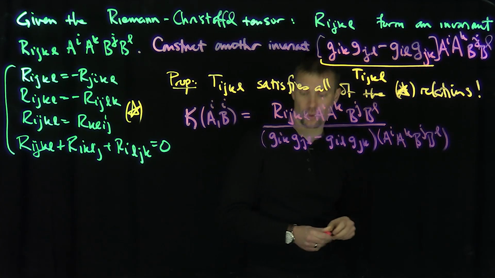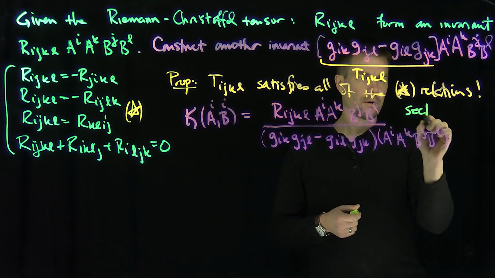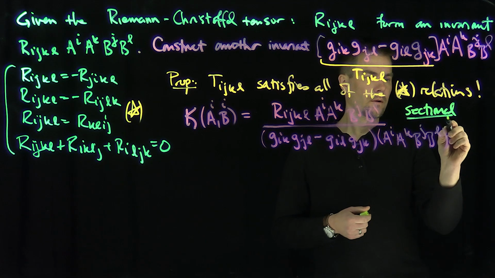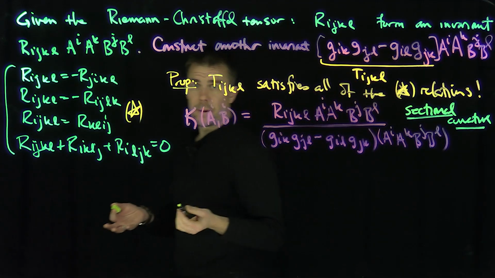Sometimes this is referred to as the sectional curvature. In more advanced texts, you're going to see this called the sectional curvature. And this sectional curvature is independent of the coordinates.